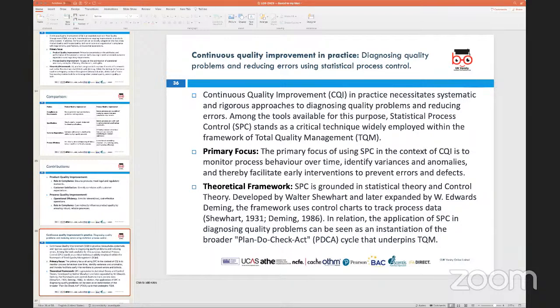Now, sticking to the example of car manufacturing, look at cars like Ferrari and Lamborghini, where customers are paying hundreds of thousands and even millions of pounds for these cars. Some of them cost in excess of 300,000 pounds.